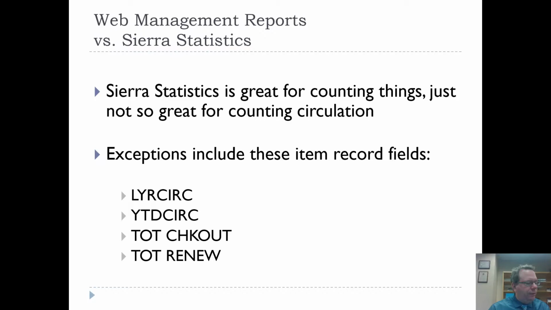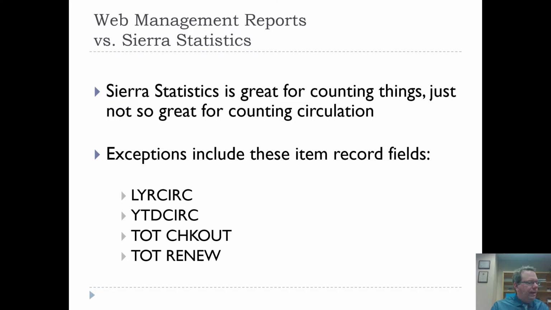Year-to-date circ is the number of times the item has been checked out during the current year. Every January, I turn the numbers over, so year-to-date circ becomes last year's circ, and we zero out year-to-date circ on January 1, so it's accurate. The one thing I want to make sure you're aware of is that this field only counts checkouts and not renewals. So year-to-date circ only counts checkouts.